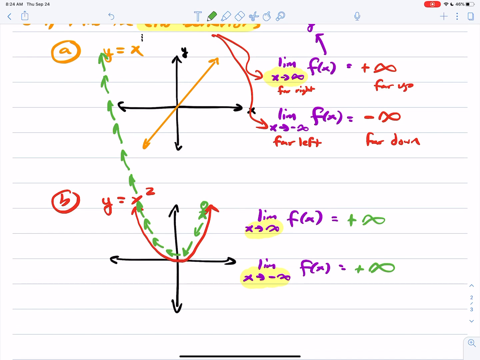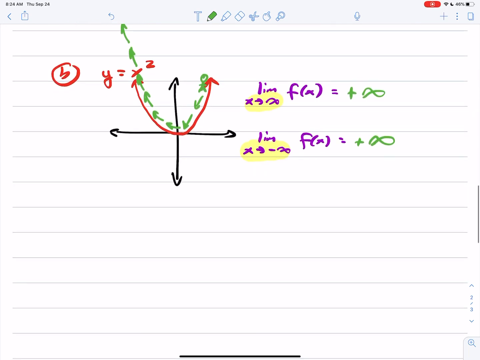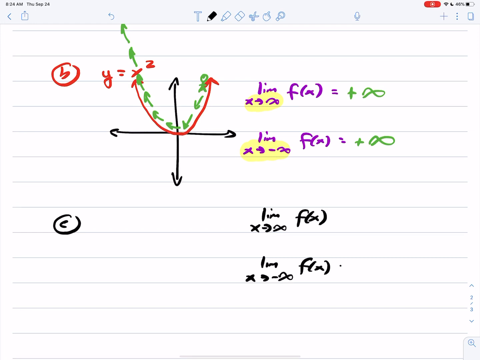Okay? So here's a question, you guys. Is it possible? Okay? Is it possible? And we're going to think backwards right now. For a limit of some function as x approaches infinity and the limit of f of x as x approaches negative infinity, is it possible for both of them to come out negative infinity? Okay?